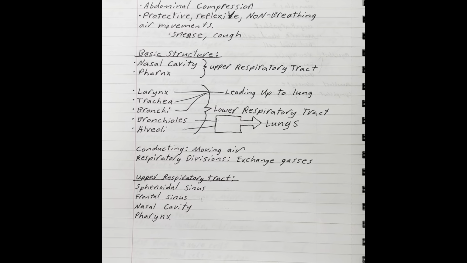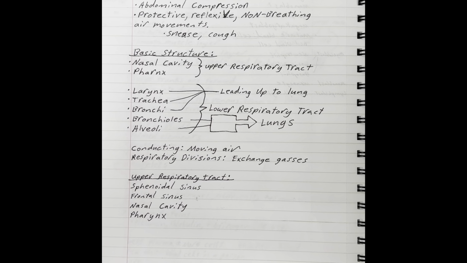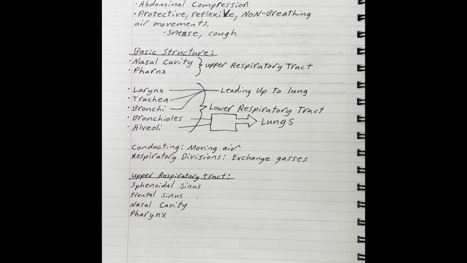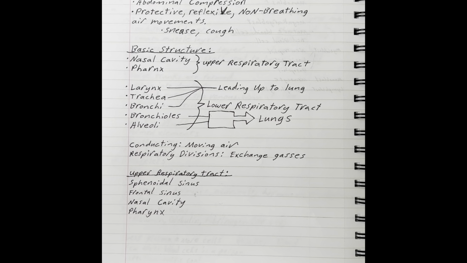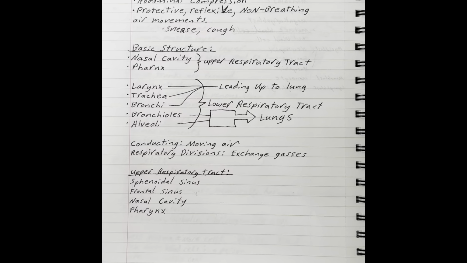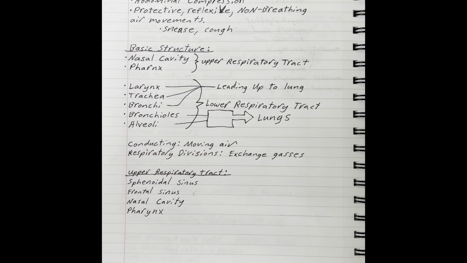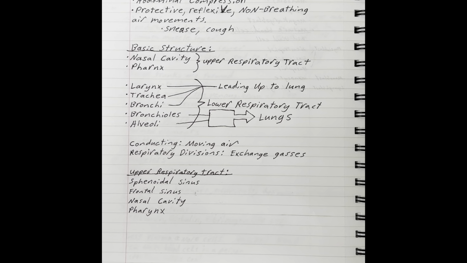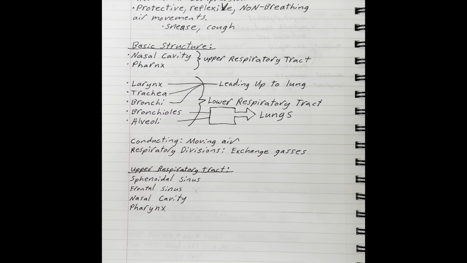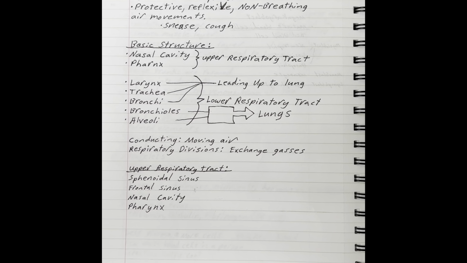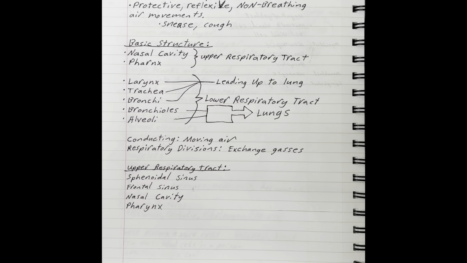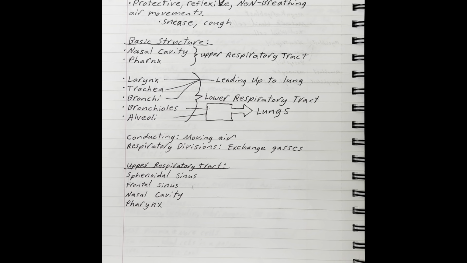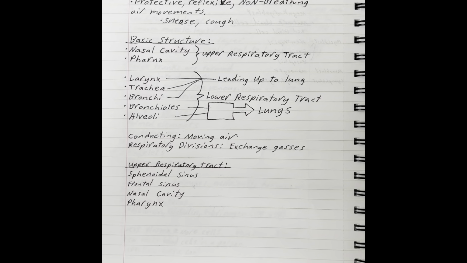The larynx, trachea, bronchi, bronchioles, and alveoli are part of the lower respiratory tract.